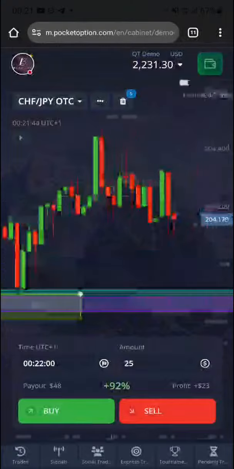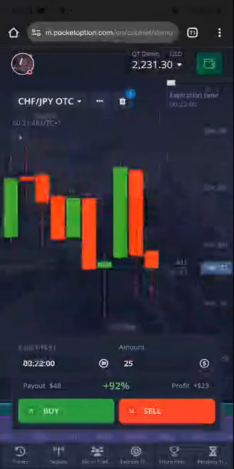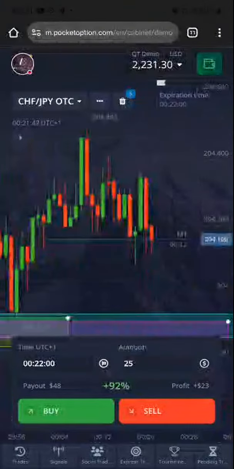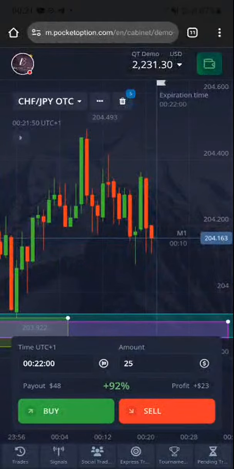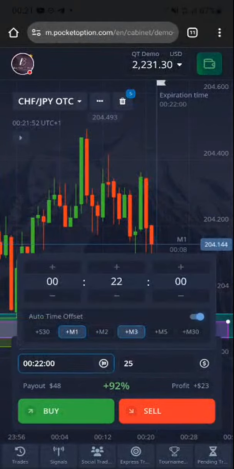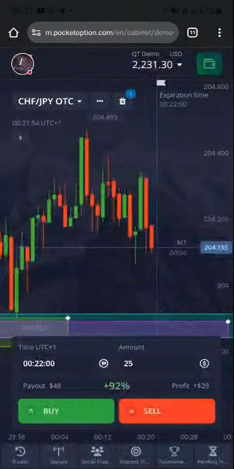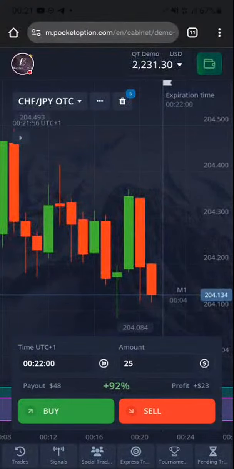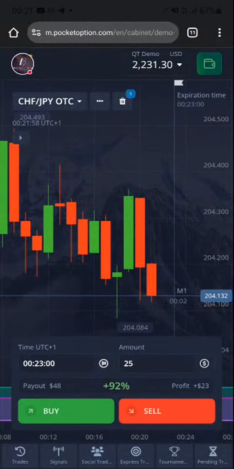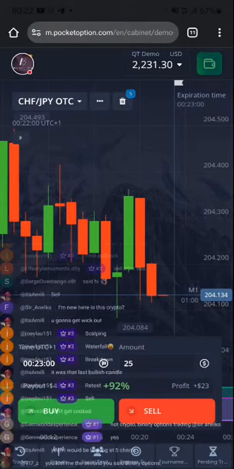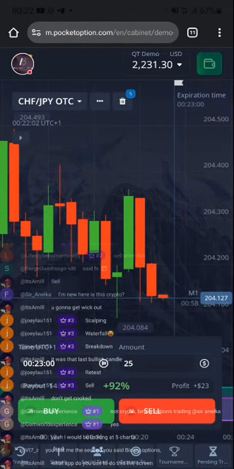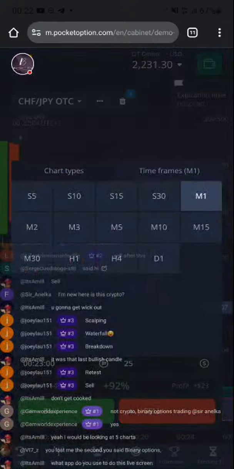It's same here too, but you predict the market, and if market moves in your direction, you will choose a trade time. So currently I'm using a 1 minute trade time right now. So once that 1 minute closes, then if the price moves in your direction, then you're in profit. If it moves against you, then you're in loss.